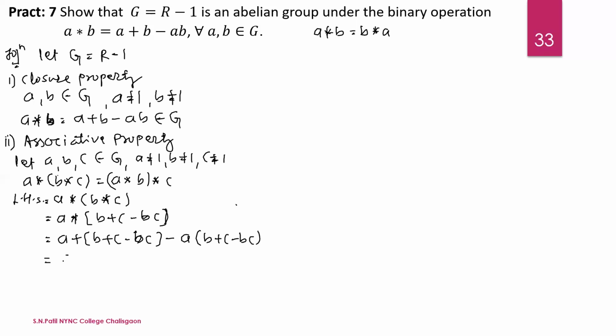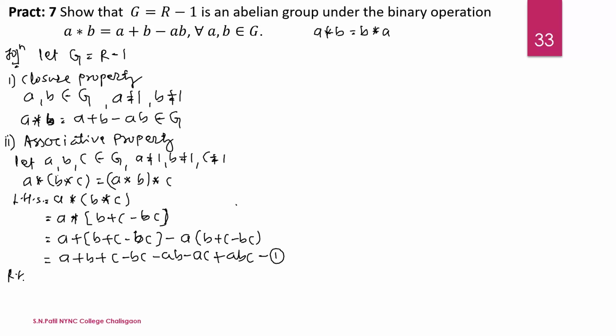Simplify: that is a plus b plus c, minus bc, minus ab, minus ac, where minus is multiplied here, plus abc. Call this equation number 1.